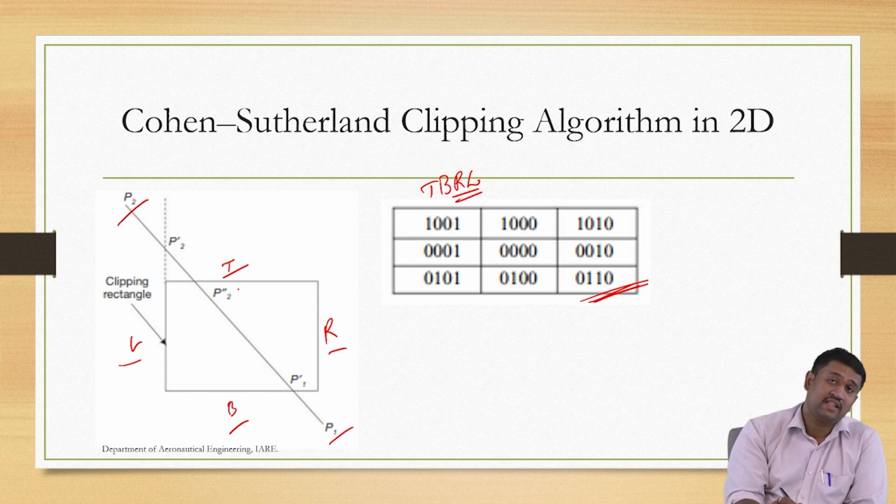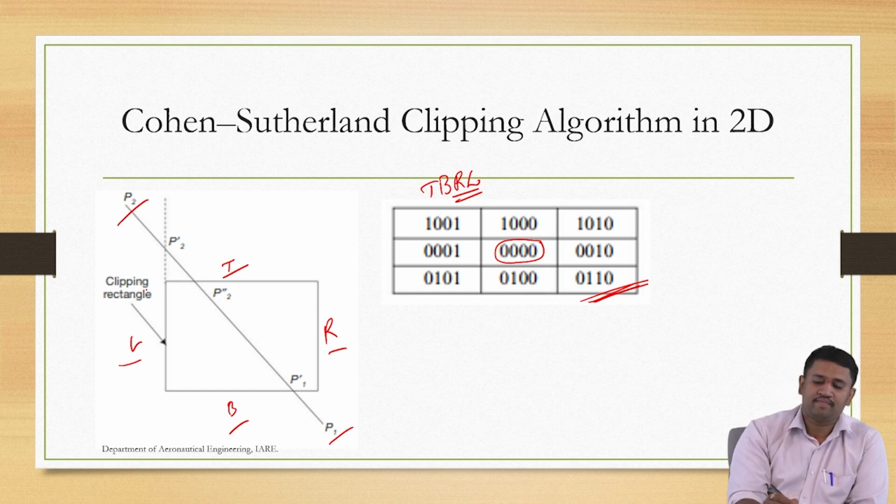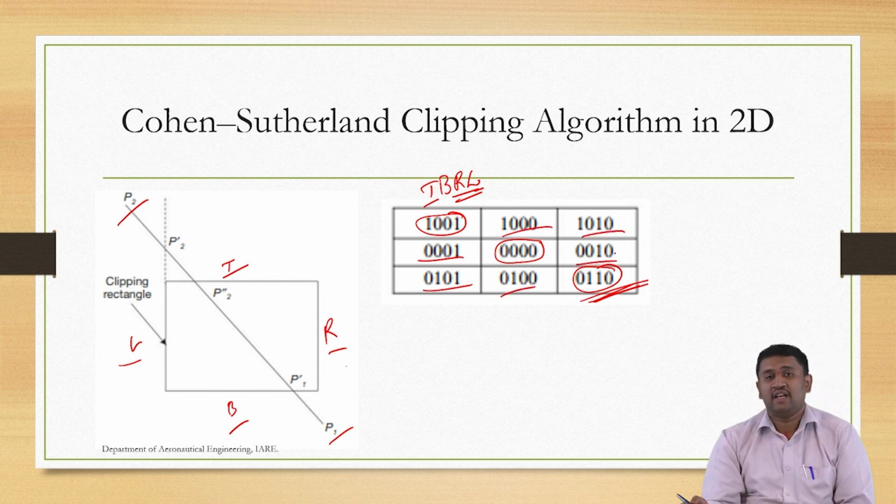If the line is within the bounding box, then all the values will be this, right? If there is any line which is passing from the top as well as the left side of your box, you'll be having this code. If any line passes through the bottom as well as right, you'll be having this code. Similarly, a matrix has been made in order to better specify in what way these are being made.